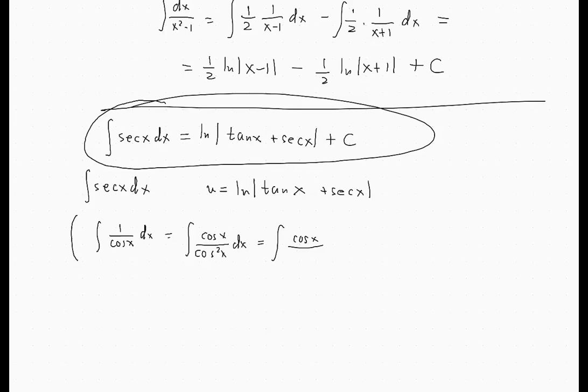And then apply the substitution u is equal to sine x, and du will be cosine x dx. And this will end up being du over 1 minus u squared, right?